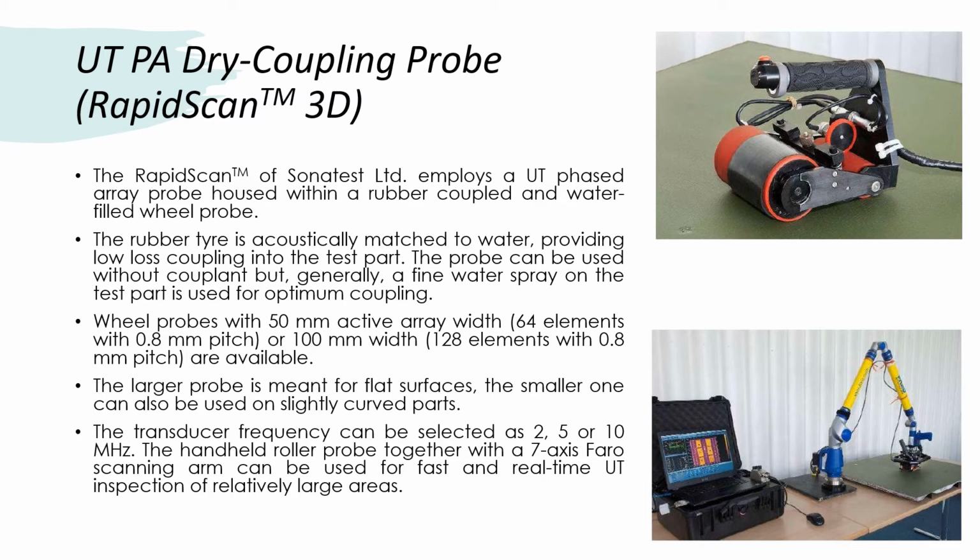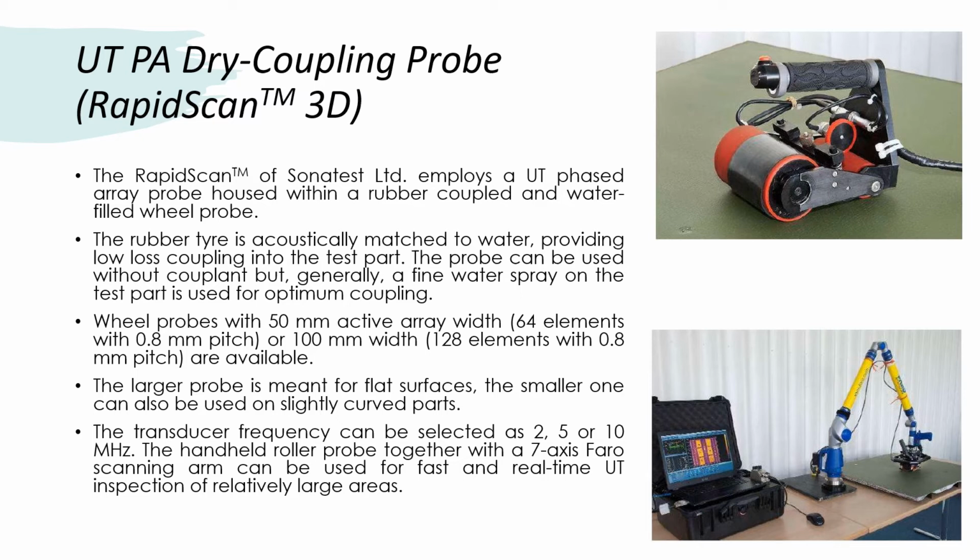The probe can be used without coupling, but generally a fine water spray on the test part is used for the optimum coupling. The wheel probe with a 50 mm active array has 64 elements with 0.8 mm pitch, or for the 100 mm width, 128 elements with a 0.8 mm pitch are available.